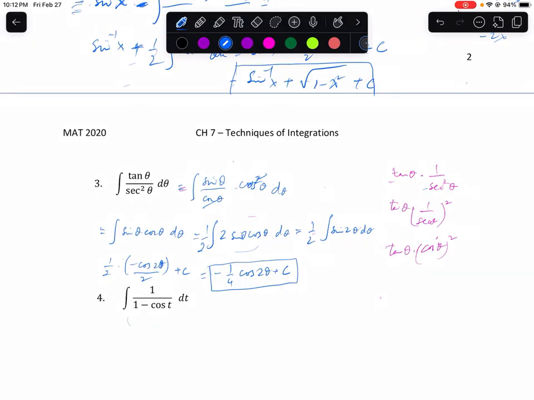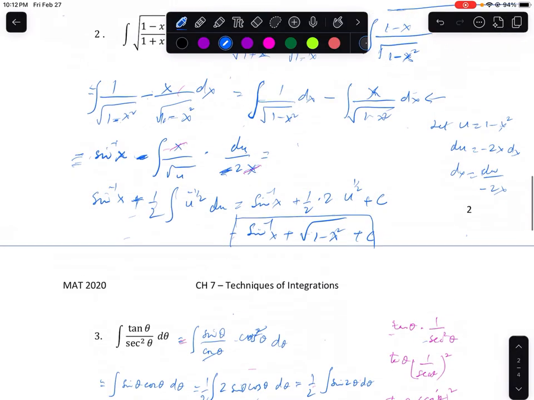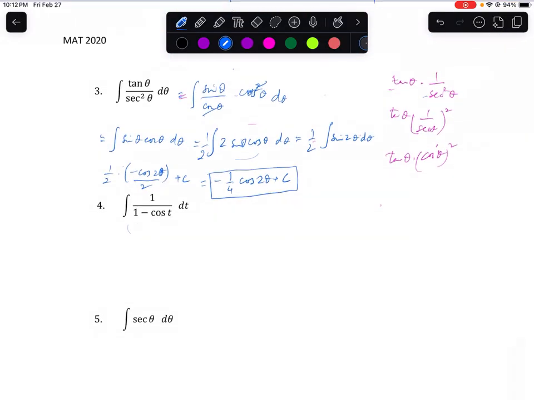But if you recall, there is no trig identity which involves just 1 minus cosine t. But for 1 minus cosine square t, we have something. So that's what we are going to do here. We are going to manipulate and make the integrand such that I have a 1 minus cosine square t at the bottom.